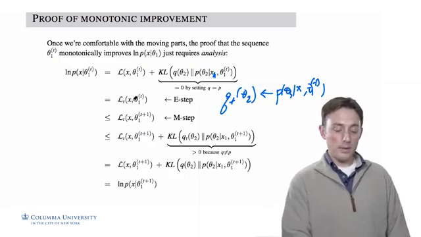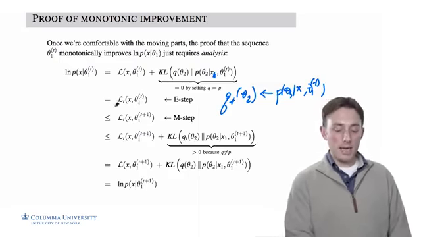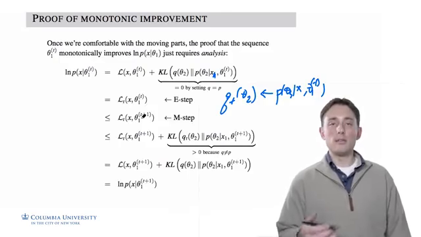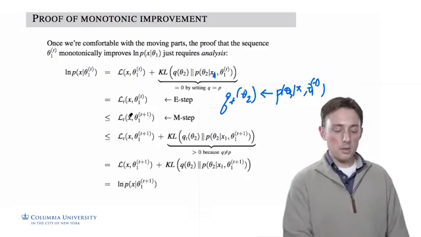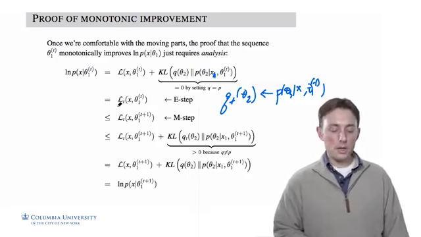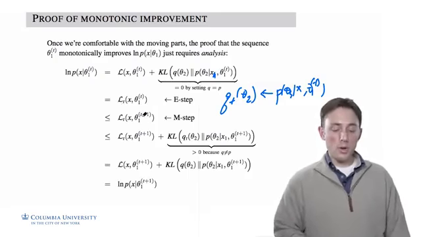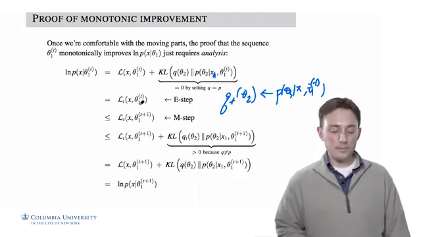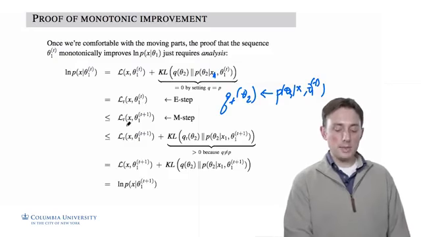So if the value of theta 1 at t doesn't maximize this thing, then this value is going to find the setting for theta 1 that does maximize it, and so it'll be greater then. If theta at t plus 1 is equal to theta at t, then it's equal. And so that's where the equality can come in. Okay, so this is the M step.